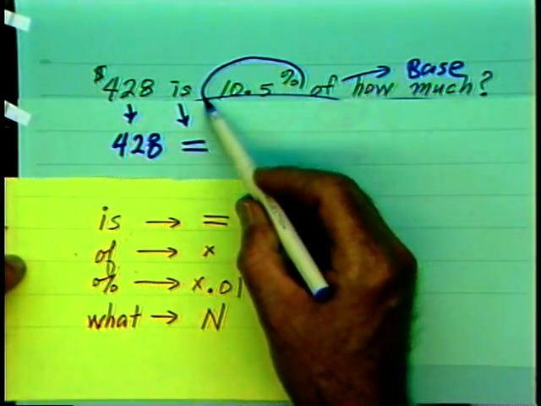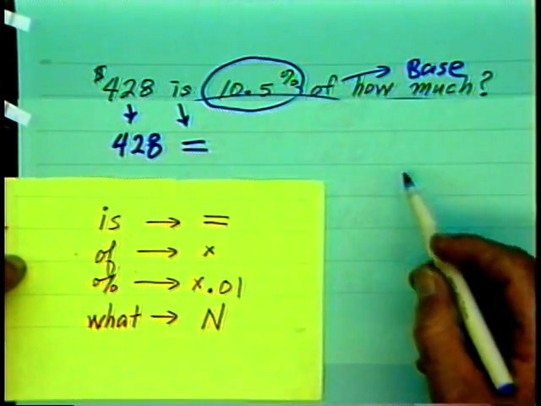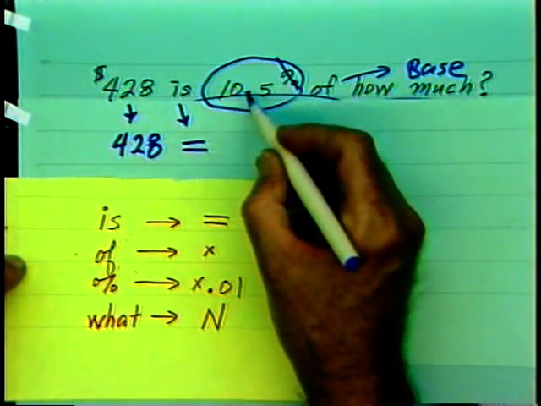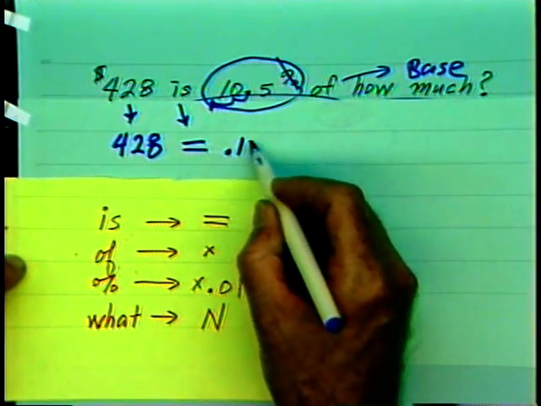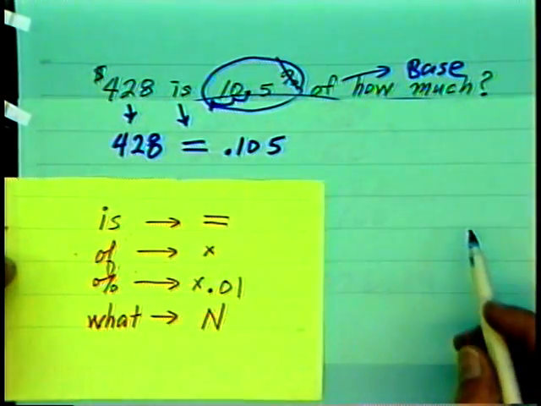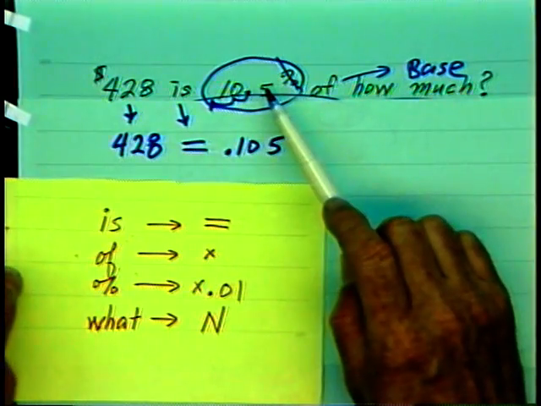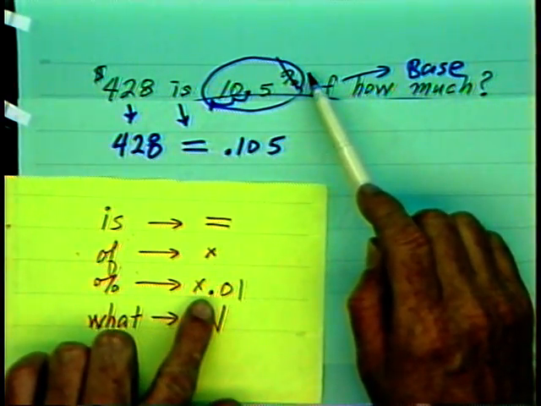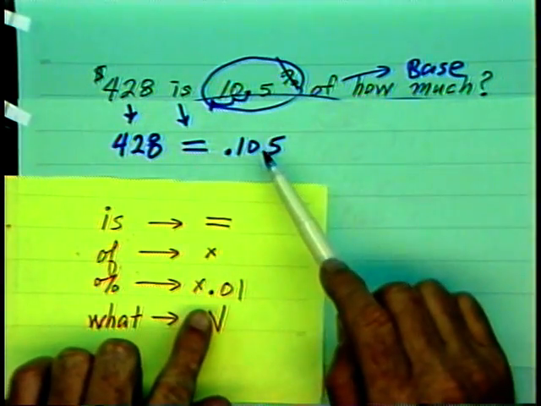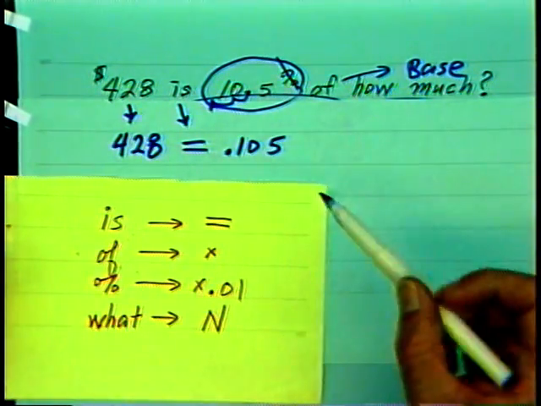And this part here we can translate all at once if we wish. To get away from percent, we move it two places away, which gives me 0.105. Or else we could have taken 10.5, replaced the percent with times 0.01, multiplied the two, and we would get this.